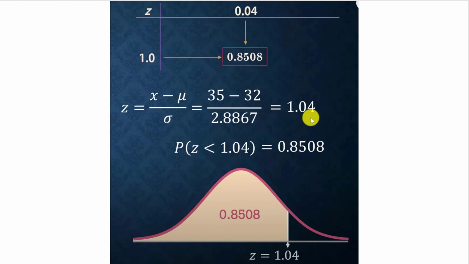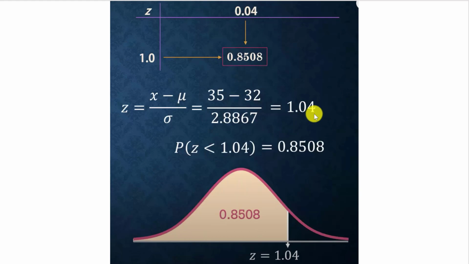If we go to the table, the probability will equal 0.8508 when z equals 1.04. If we look in the table, 1.0 plus 0.04 equals 1.04.